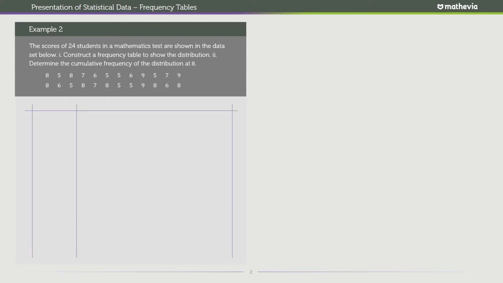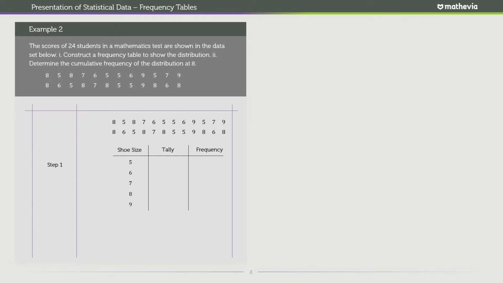The first thing we need to do is construct a frequency table to show the distribution. Just like we did before, we have our data, we have our table, and we have scores 5, 6, 7, 8, and 9, occurring a number of times in the data set.